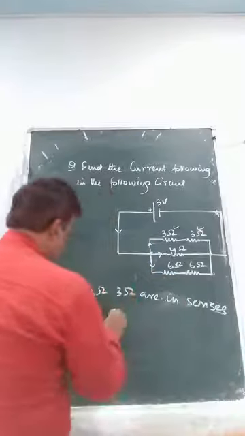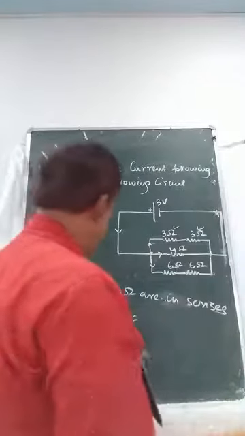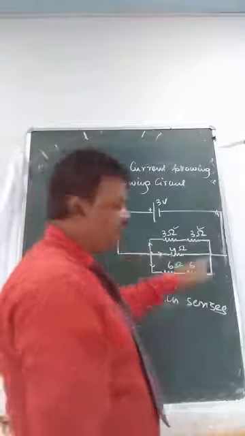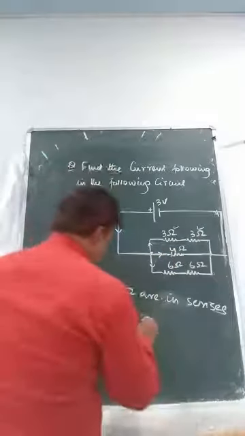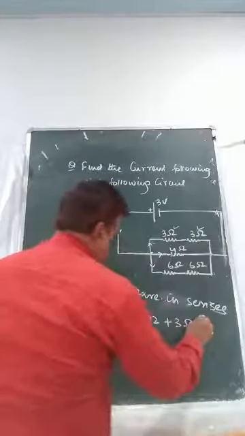Suppose this is R1. Let me write R1 or R dash. In series, what is the formula? You have to add these two. That will be 3 ohm plus 3 ohm, that is 6 ohm.